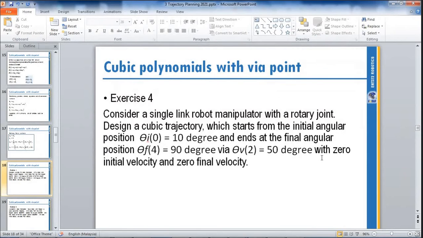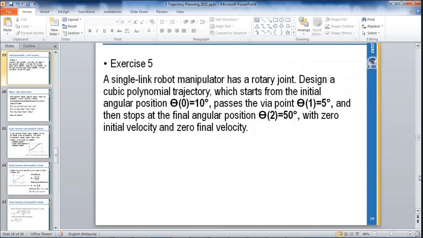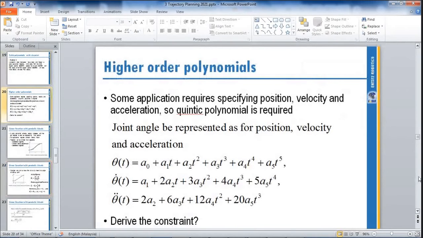So initial 0, final 0. Actually the calculation is similar, but you need to combine the other half of the graph into one graph.